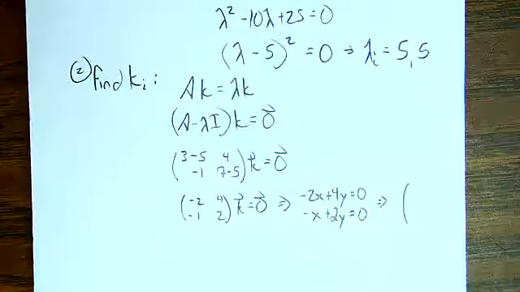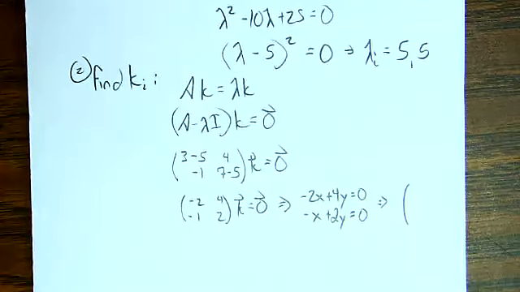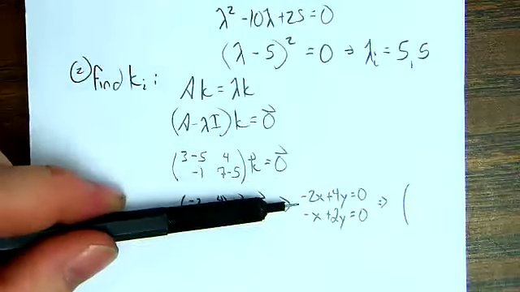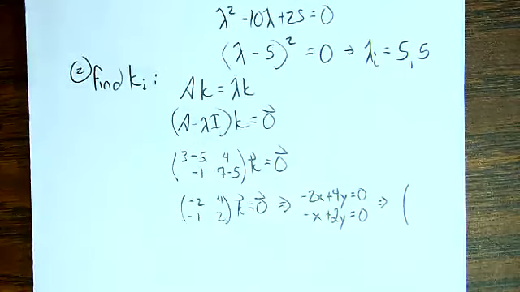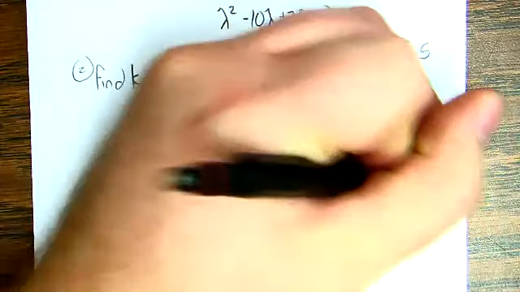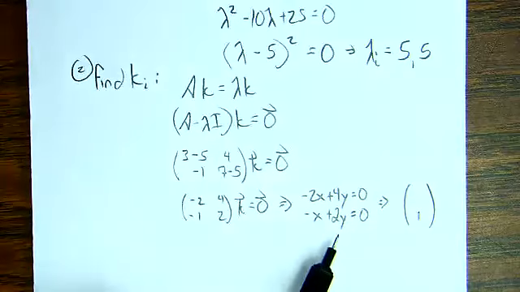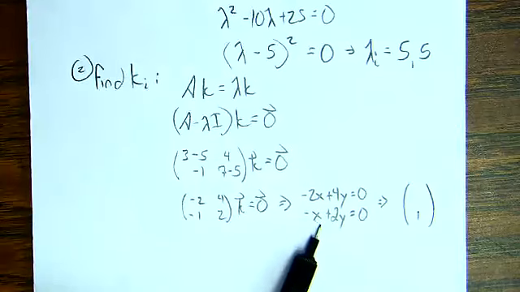Now we need to choose values of x and y which make these true. Any value of x and y which make these equations true will work. And I'm going to point out that this top equation is just the bottom equation times 2. So the top equation doesn't really add anything. I just need to find values of x and y so that this is true. So I will arbitrarily let y be equal to 1. If I let y be equal to 1 here, then x must be equal to 2 for that to be equal to 0.